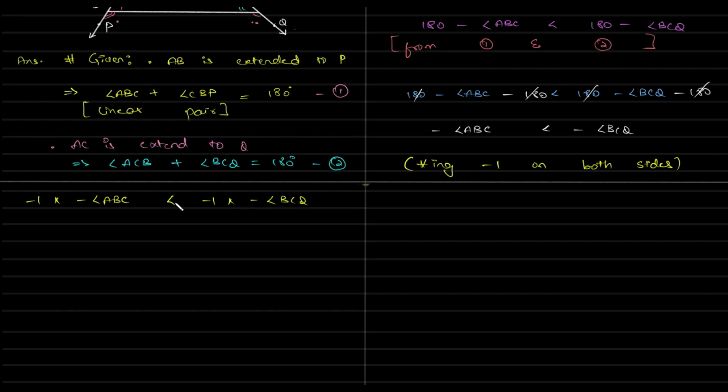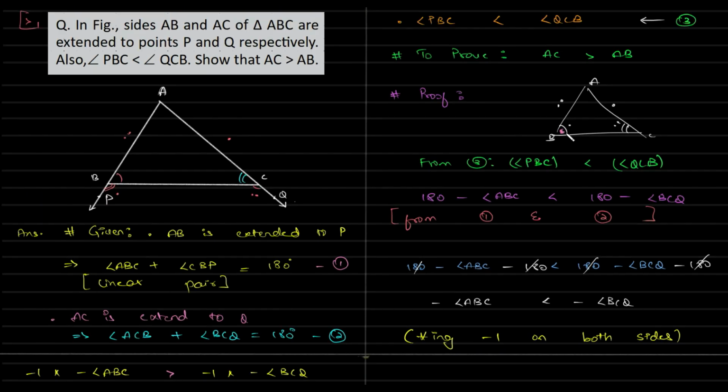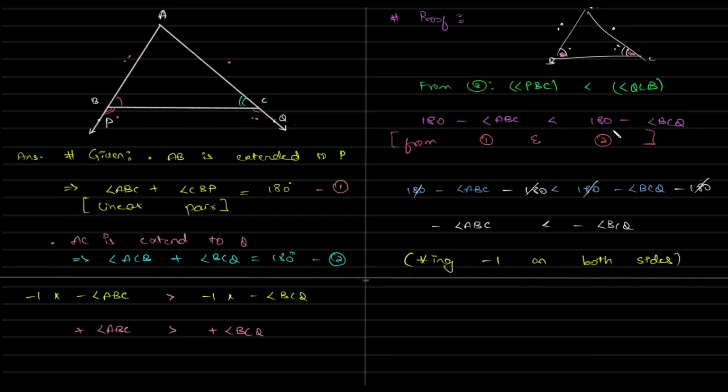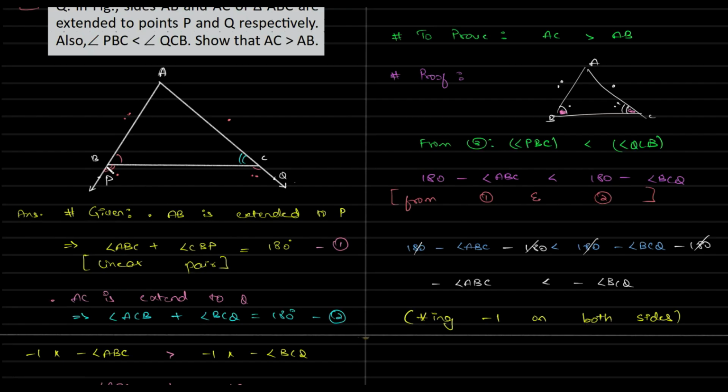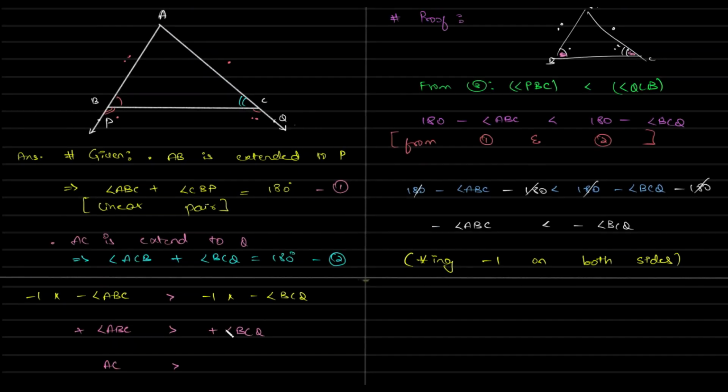There's one thing which will change: this will become greater. I'll explain why. Negative times negative is positive, so angle ABC is greater than angle BCQ. So we already proved that angle B is greater than angle C. The side opposite to angle ABC is AC, therefore AC is greater than AB.